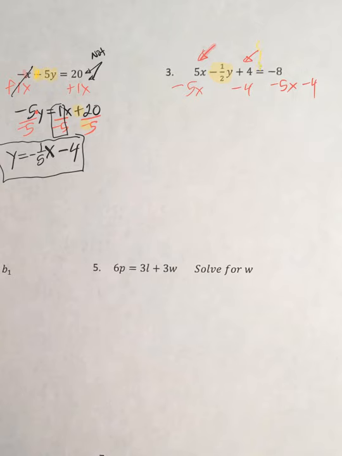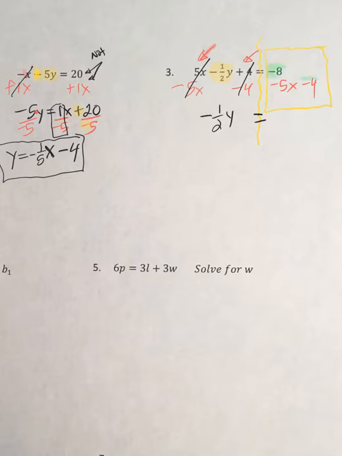So remember, whatever you do to one side of your equal sign, you must do to the other side of your equal sign. So on the left-hand side, we have no more x's and no more constants, but we still have the negative 1/2 y. And on the right-hand side, you can only combine terms that are like each other. So remember, right now all of these terms are on the right-hand side, but we can only combine terms that are like each other.